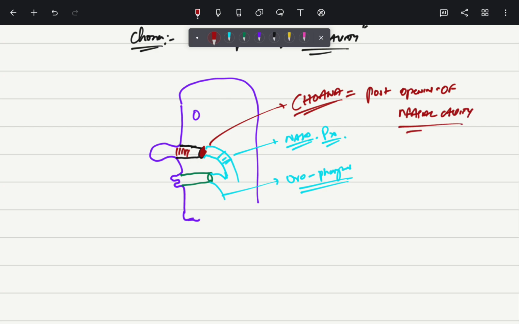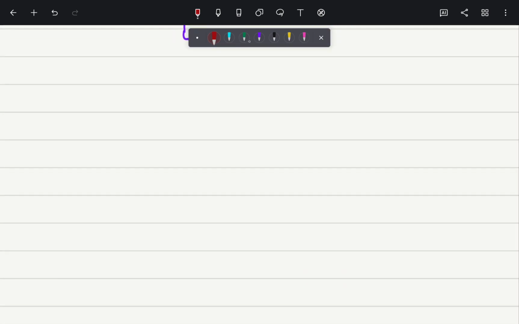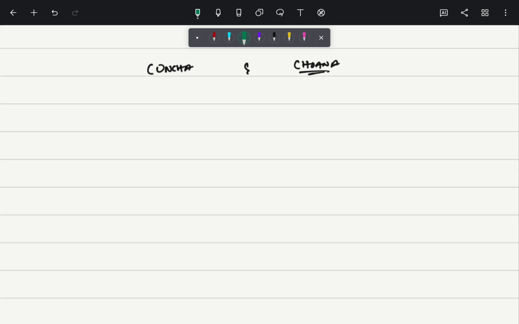I hope everyone understands the difference between concha and choana. Once again, they are not the same. Concha is mucosa with the bony part inside of it.